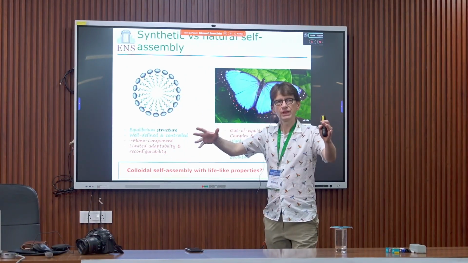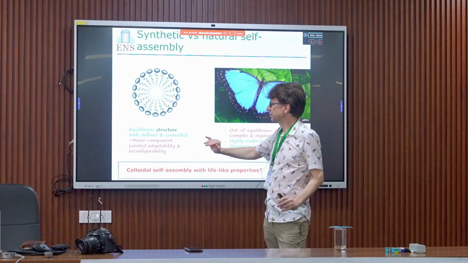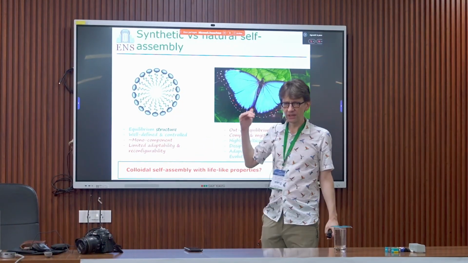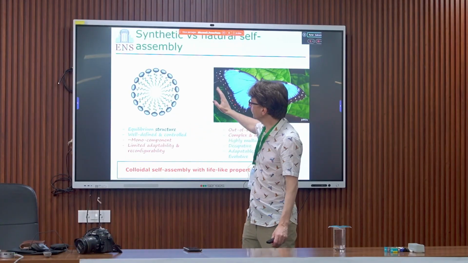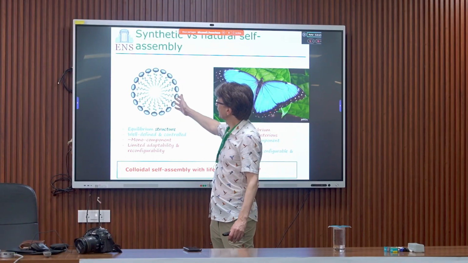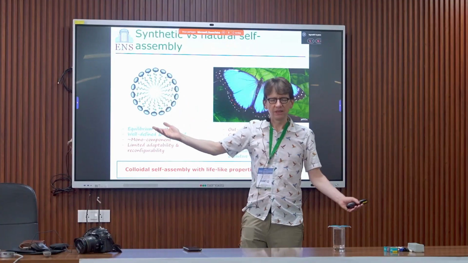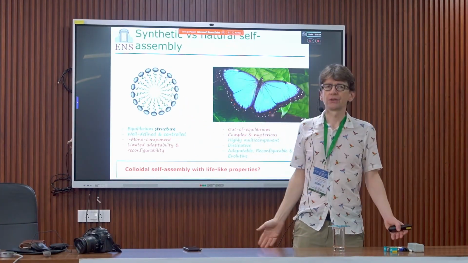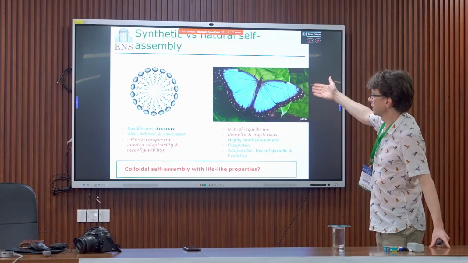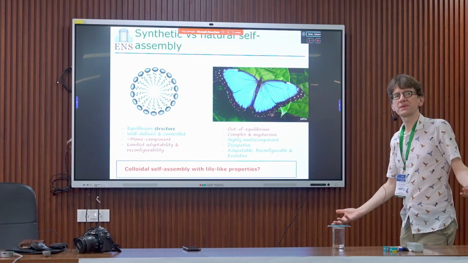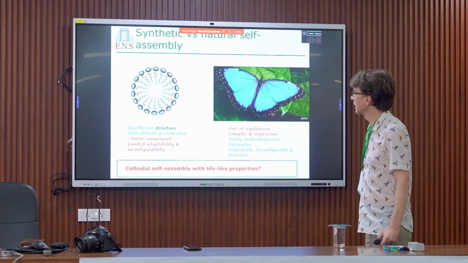You put your bricks, they assemble, and you are at equilibrium. You get a well-defined and well-controlled structure. Your properties will be defined. If I take micelles, it will be defined by the packing parameter. You just take the book of Israelachvili, you open it at the page, and it will explain what kind of objects you should get.